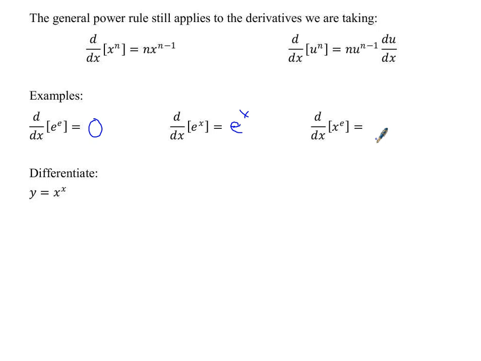It's e times x to the e minus 1. We're using this rule right here. e is just a number. Okay, what about y equals x to the x? That's a good one. It's one we need to know, and we're going to save it for next time.